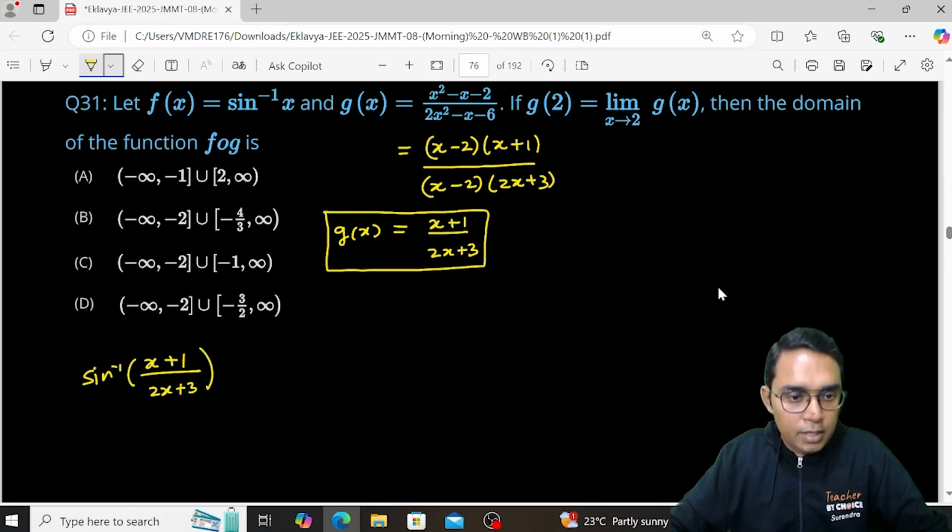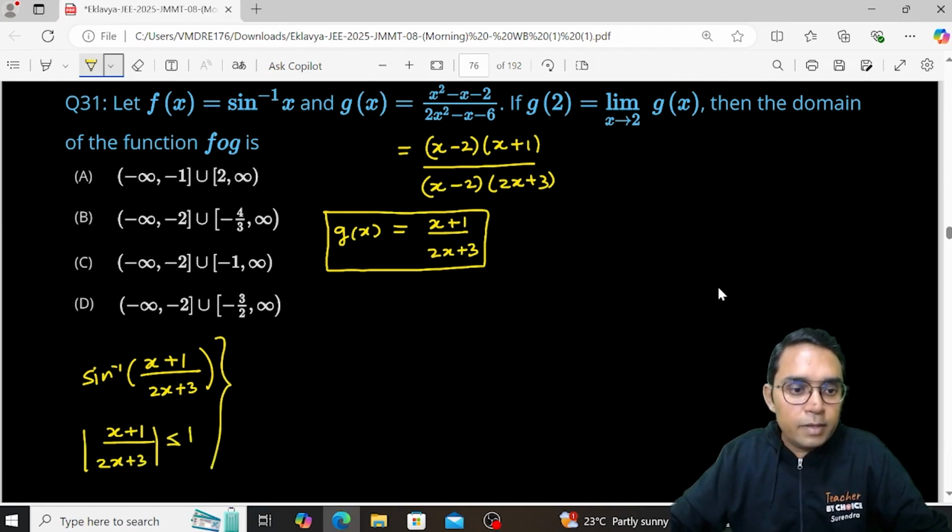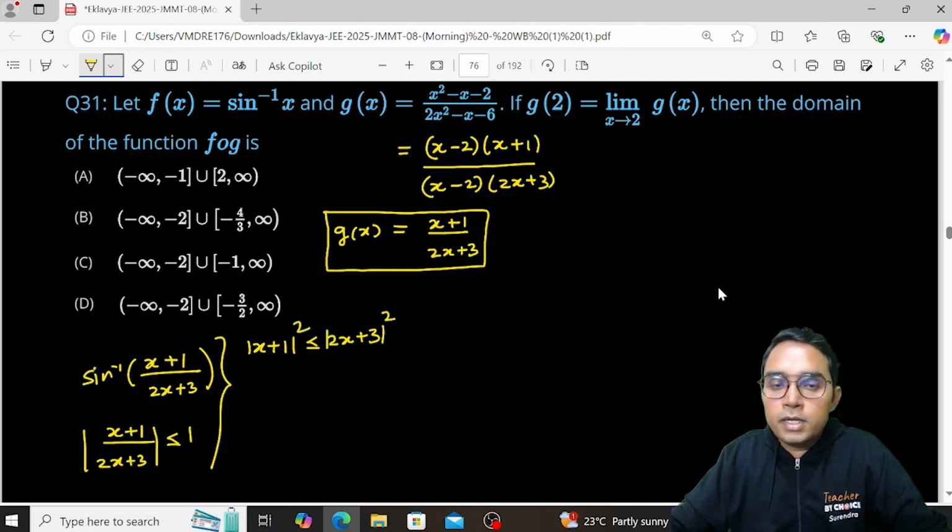Domain of this means this expression linear upon linear, x plus 1 upon 2x plus 3, its mod should be less than or equal to 1. Okay, that will be the best method. Then you multiply by mod of 2x plus 3 both sides. So we will be getting same inequality sign, and we can write like this. And then we can do the squaring also because these quantities are positive.